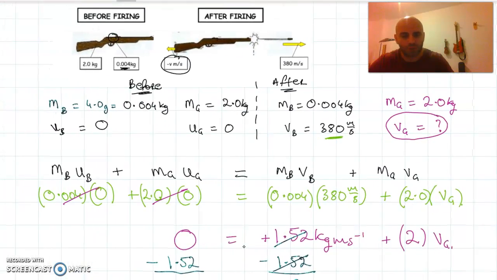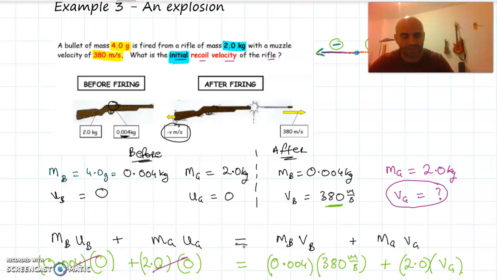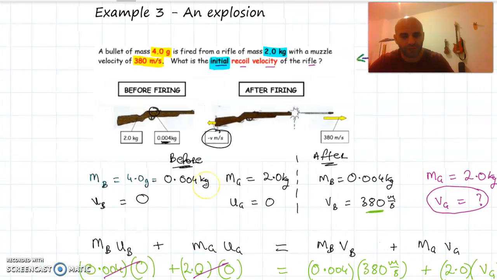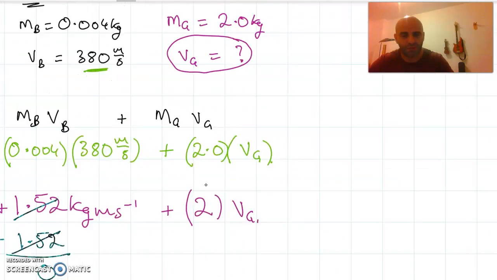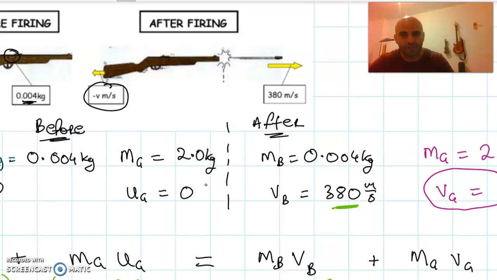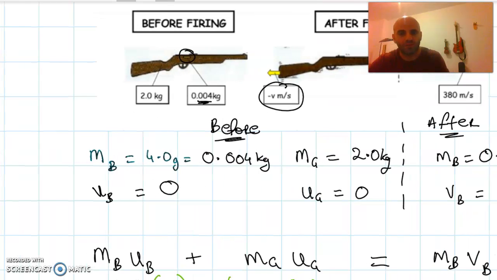So let me just again look at this in terms of vectors. I'll come back to the picture again for a second. Initially there was no momentum at all. So before the explosion, momentum here was 0.